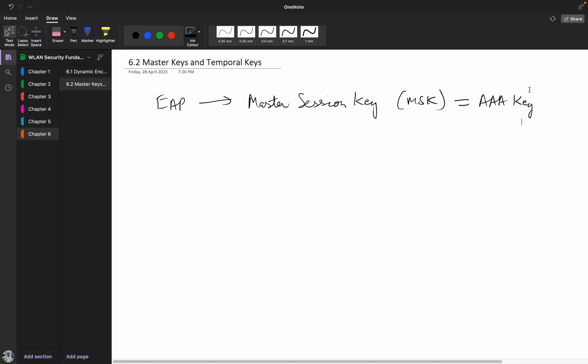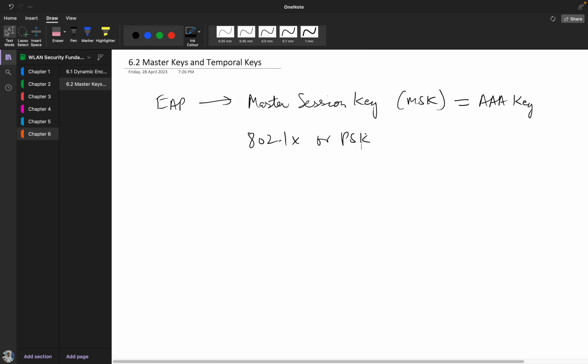Now this can be generated either after 802.1x or even after PSK. So the MSK, that is the master session key, can be created after successful authentication in 802.1x or pre-shared key, right? So when EAP is deployed, both the authentication server and the supplicant will know information about each other after the mutual authentication of credentials.